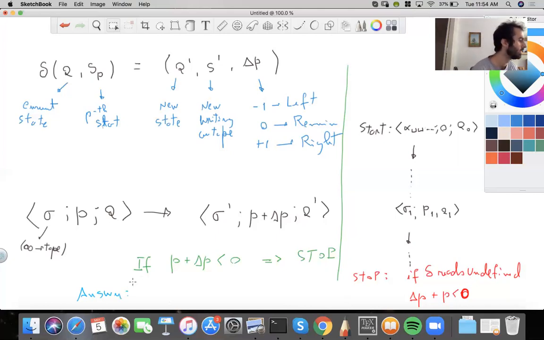The answer of the computation is the left part of the tape, which is contained in the reduced alphabet A, and then there's going to be some symbol, for example, the space symbol, which is not in A. And then there's going to be trash, which you don't care about.